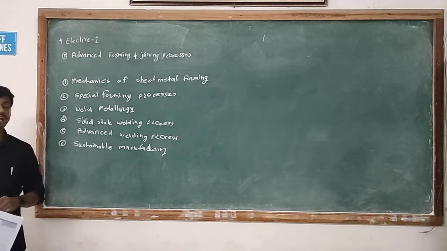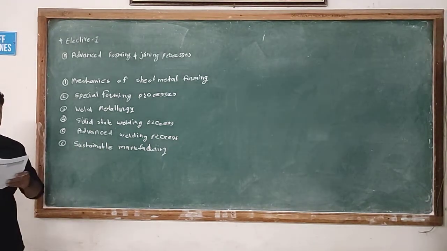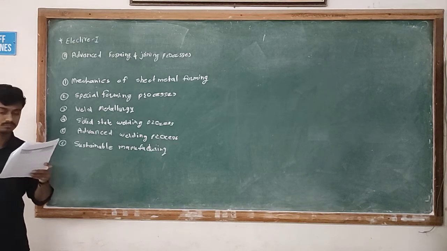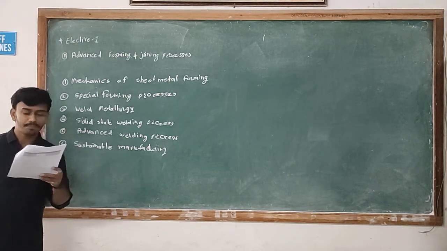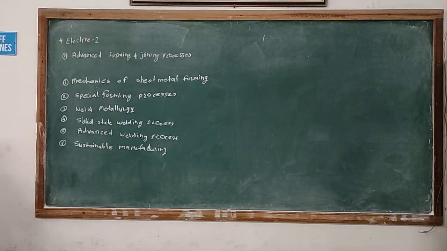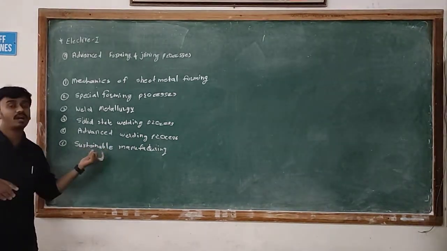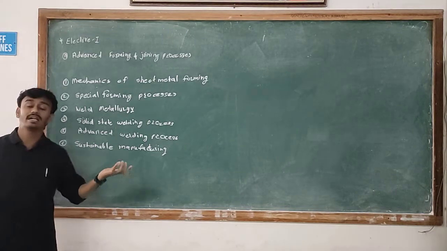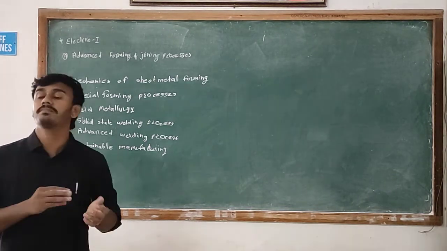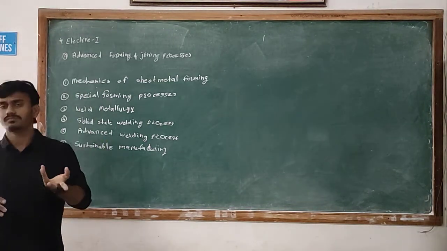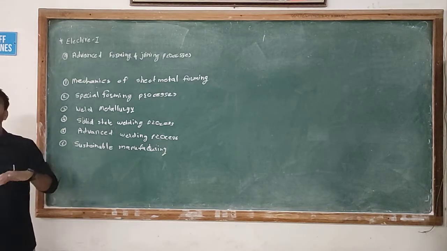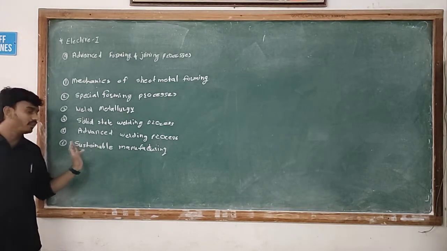And the sixth unit will be sustainable manufacturing. What is meant by manufacturing, and what are the different manufacturing processes that we use to form different metals or materials?